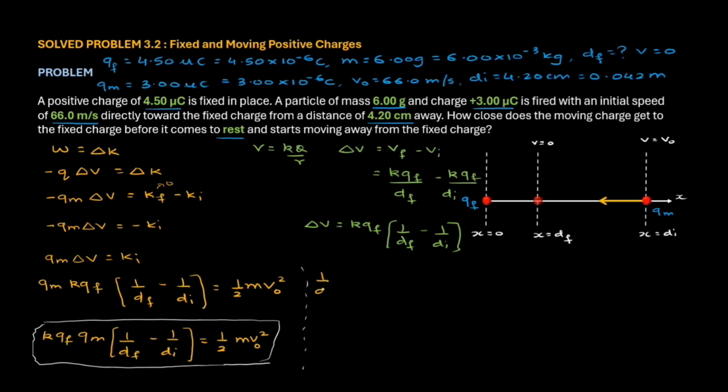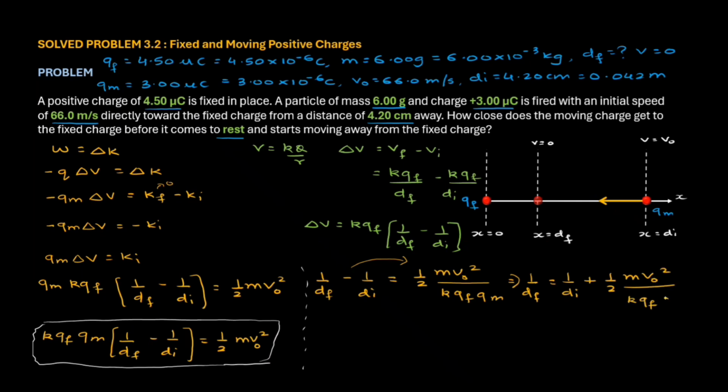We get 1 over d final minus 1 over d initial equals half m v0 squared over k q fixed q moving. Then we move this to the other side, and since this is negative, when I move it to the other side it becomes positive. So 1 over d initial plus half m v0 squared over k q fixed q moving. And when you take the reciprocal of this term, you will find the value for d final.